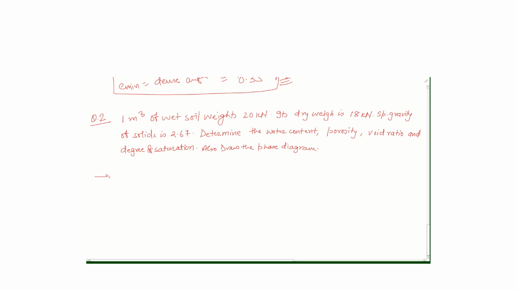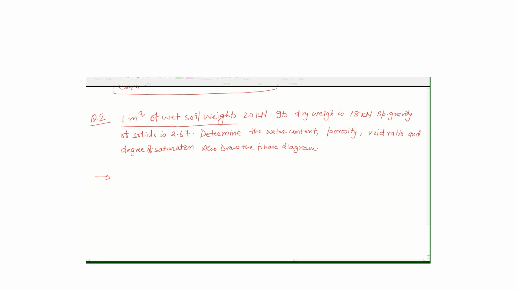So in this question you will find what is given. We have a wet soil, means soil is given which is wet. Wet doesn't mean that the soil is going to be fully saturated. Wet means the soil may be partially saturated or like that. Na?